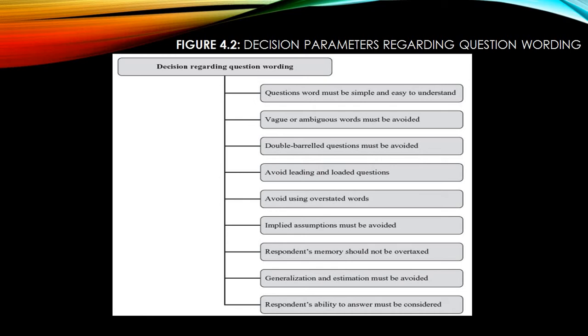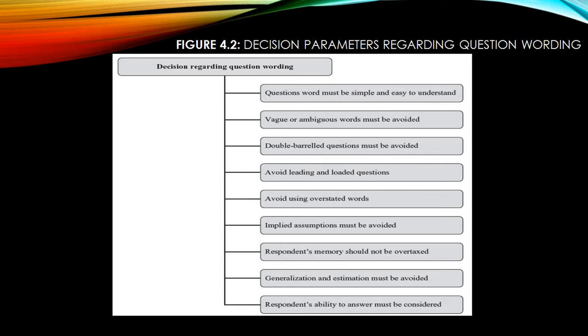You shouldn't be using fancy jargon. So avoid any kind of fancy words or difficult vocabulary. Vague or ambiguous words must be avoided. You shouldn't be using vague or ambiguous words. People shouldn't be misguided, or misunderstanding your words.